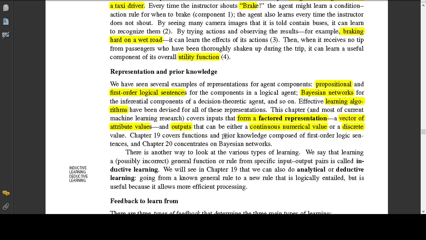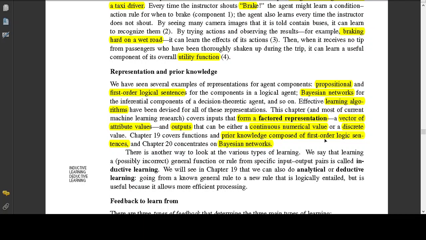Then another thing is the prior knowledge, composed of first order logic sentences. So the prior knowledge can be stored in this form. They explain this in chapter 19, but we have to understand that the prior knowledge can be represented using first order logic, and the knowledge or the rules can be represented using Bayesian networks.